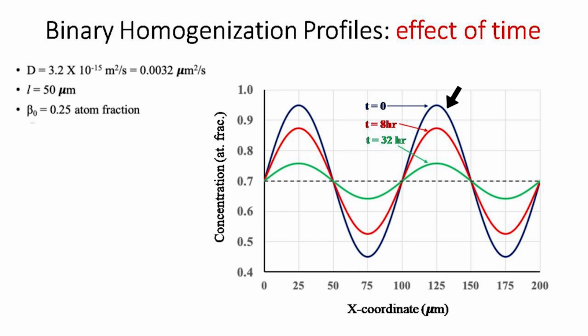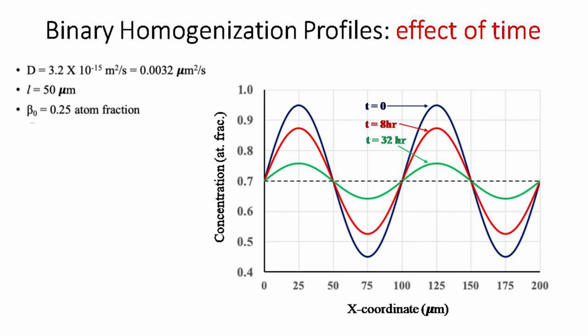So, this blue profile is the initial concentration profile. The average concentration is at 0.7 and the amplitude is 0.25. So, the profile is oscillating between the maximum value of 0.95 and the minimum value of 0.45. This is at t equal to 0.